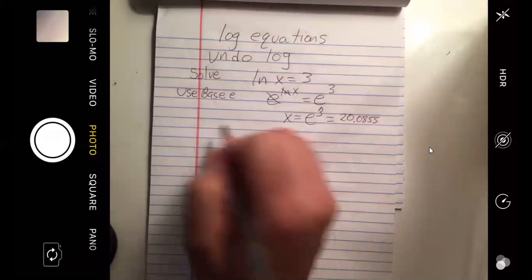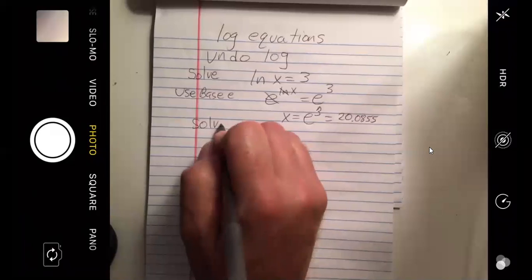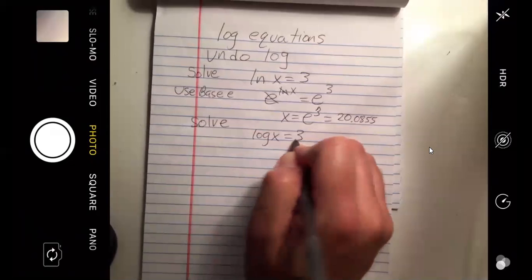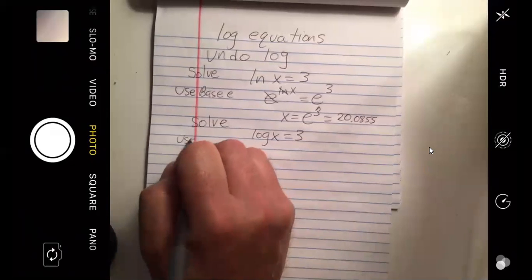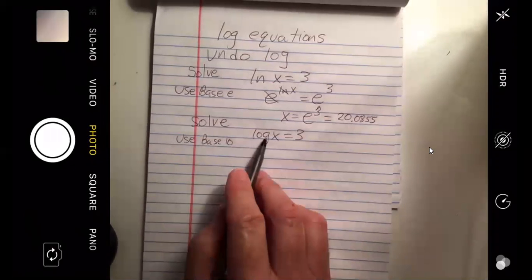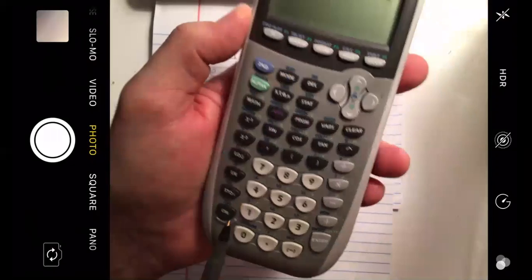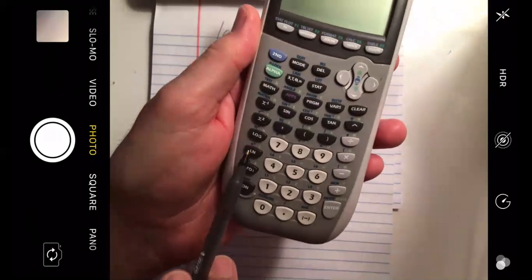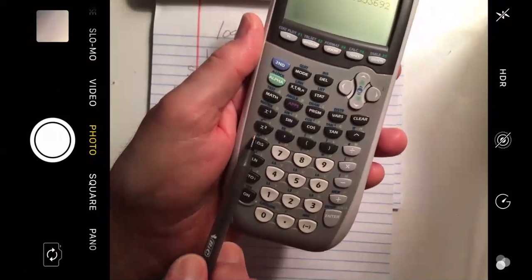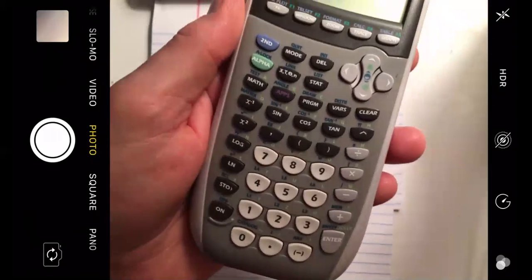If I want to solve log of x equals 3, I use base 10. Log on the calculator is paired with 10 to the x. Show you those keys. See ln and e, they're paired, they undo. Log is paired, if you can barely see it, with 10 to the x.